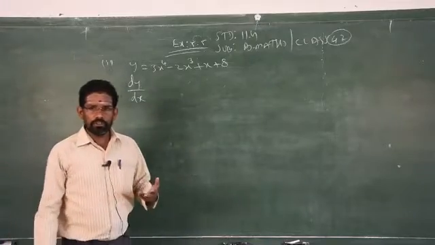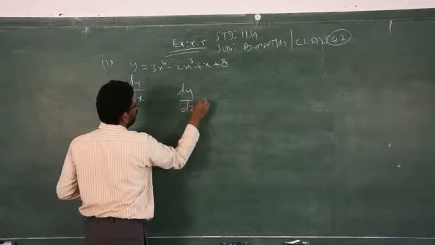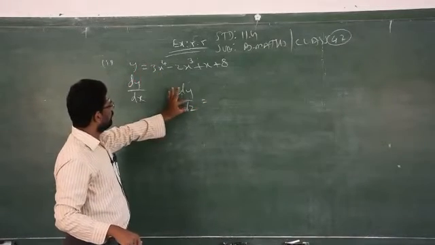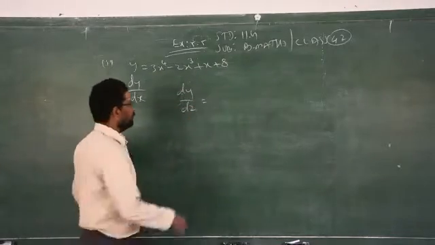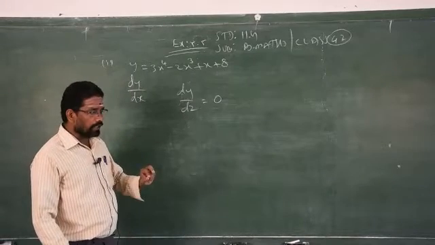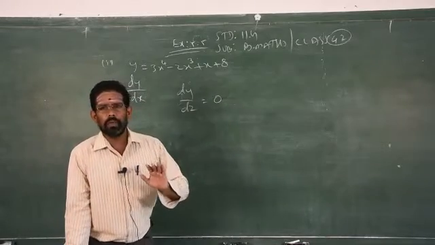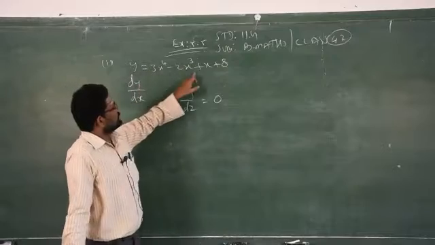If I ask you to differentiate the given function with respect to the z variable, then you have to see whether the function y depends on the variable z. Do you have a z variable in the question? No. Therefore, your answer is 0. So you have to differentiate the given function only with respect to the variable on which the function y depends. Here the function y depends on the x variable.